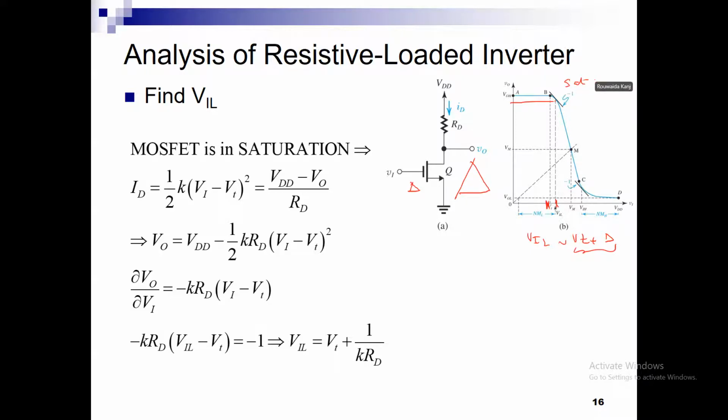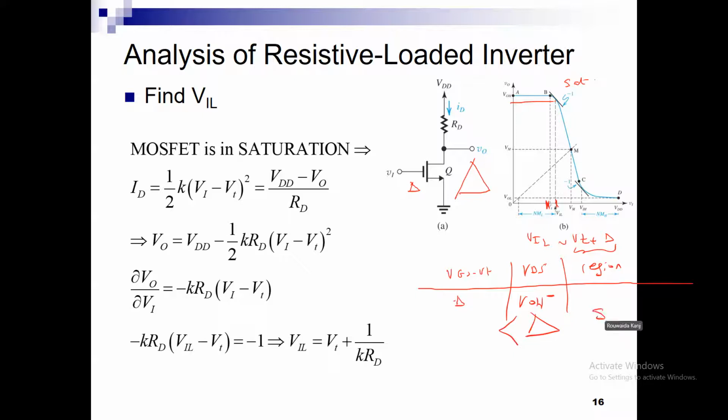Now what we're going to do is compare VGS minus VT with VDS, and this determines the region. VDS is high, it's almost VOH, and VGS minus VT is really some small delta, so this is big, this is small, so this is greater than this, and we will be operating in the saturation region.